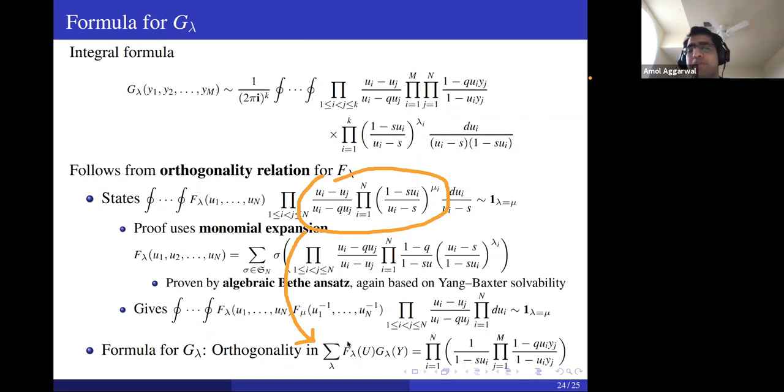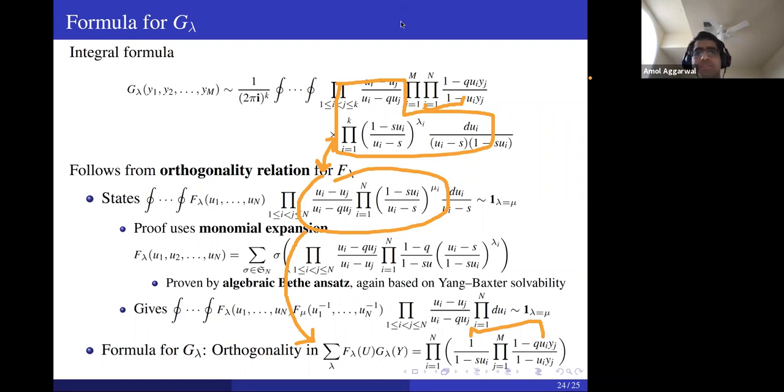That will kill off the f, and that will give me a formula for g of lambda, and it will look something like this. I have this term here-ish, and the orange term is here-ish. This is not very well explained, but this orange term is the same as this orange term, and this product here is simply the Cauchy product. So that's the origin of that formula.